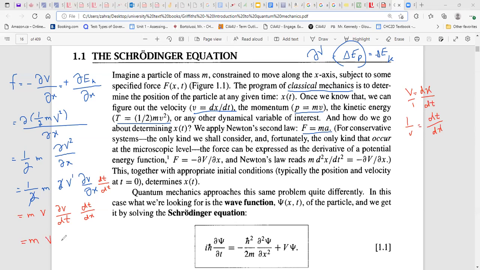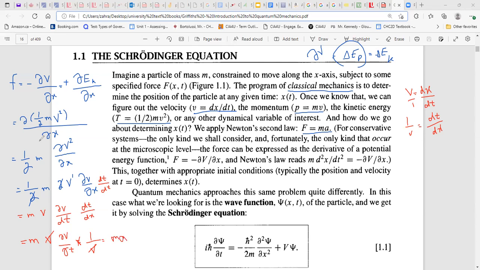So I'm just writing everything: dv/dt multiplied by 1 over velocity. So velocity and velocity cancel. And look what we have. The derivative of the velocity with respect to time is acceleration. So it's ma.